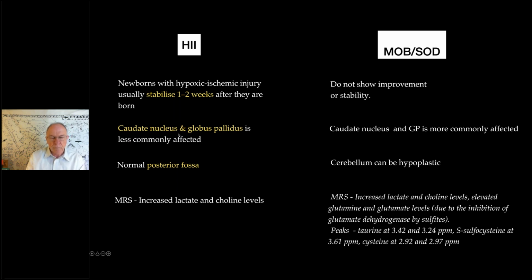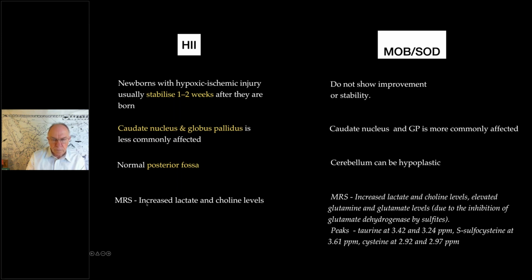The caudate nucleus and the globus pallidus are less commonly involved in hypoxic ischemic injury, whereas they are more commonly involved in the molybdenum cofactor and sulfite oxidase spectrum disorders. Posterior fossa is relatively normal in comparison to supratentorial structures, whereas it can be hypoplastic in the HI mimics.